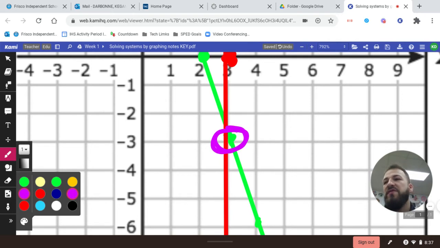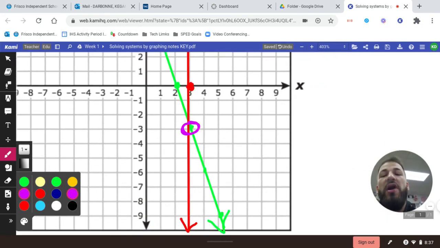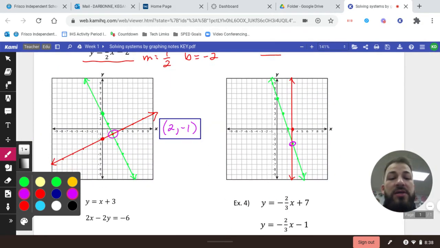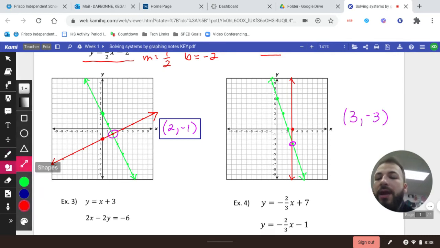So don't get too confused and be like, oh, I think it might be like -2.8. Okay, they should be nice whole numbers. So don't get too thrown off by that. But the straighter and better you draw your lines, the easier it's going to be to see your point of intersection. Okay, so that point is 3, -3. So we just write that as an ordered pair. And then we are good to go.